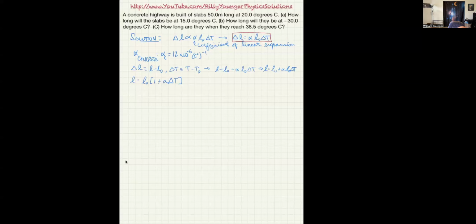I'm going to put that there. I'll put this there as well. Let's start off with part A. So T is going to be specifically at 15 degrees Celsius.